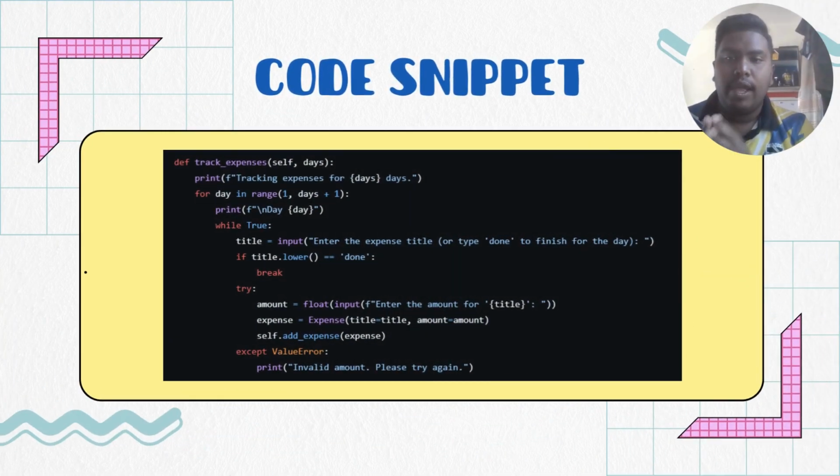This is the code where, within the method track expenses, the system calculates the given number of days. Then for each day, a recurring prompt appears in the form of a dialog box asking the user to input the title and amount of expenses. Once the user inputs the word done, the loop is terminated for that day in order for the user to begin with the subsequent day's expenses.